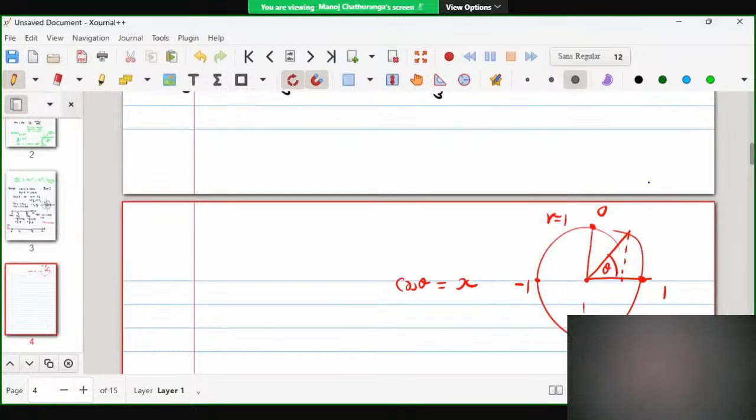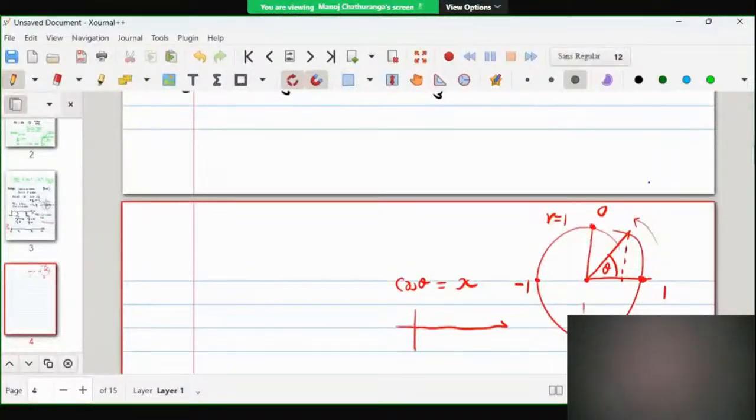What happened is from theta equals 0 to 90 degrees, cosine theta is decreasing. It is positive but decreasing. And then from 0 to minus 1, that means from angle 90 degrees to 180 degrees, cosine theta is still decreasing.